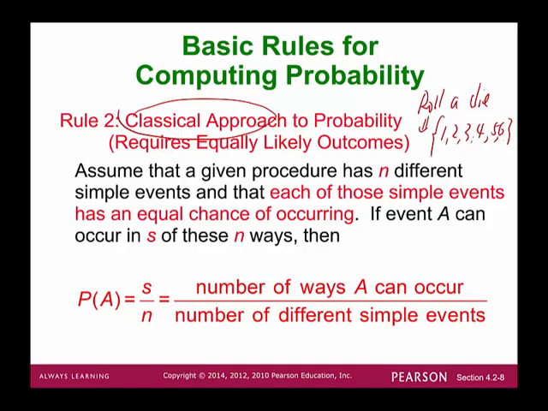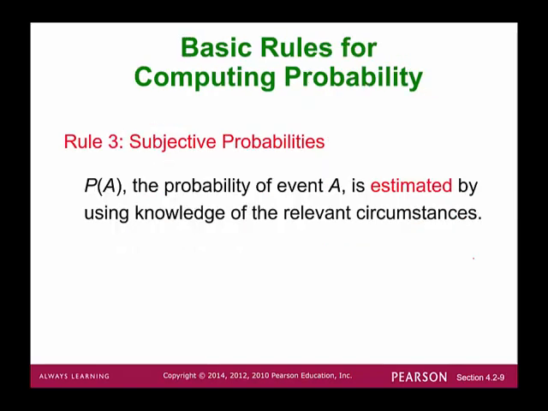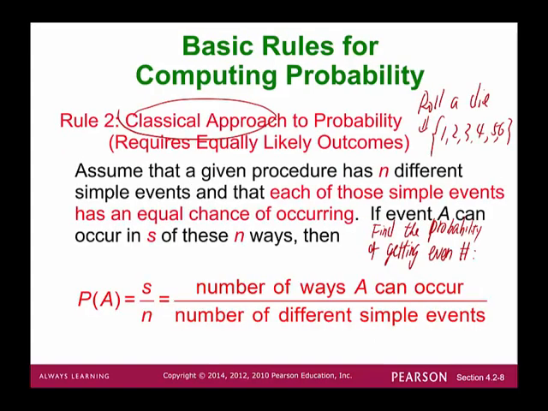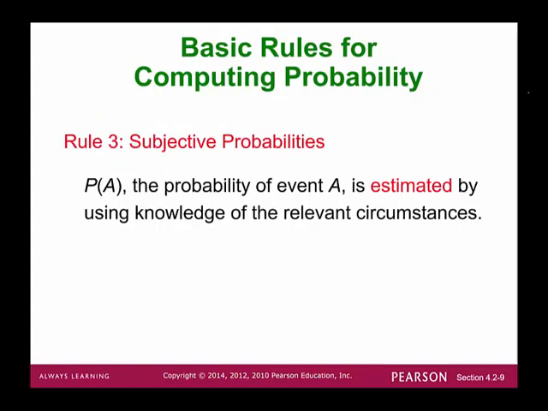So for example, if you roll the die, you get 6 possible outcomes. And if you want to find the probability of getting an even number, we know that there are 3 even numbers here, 2, 4, and 6.